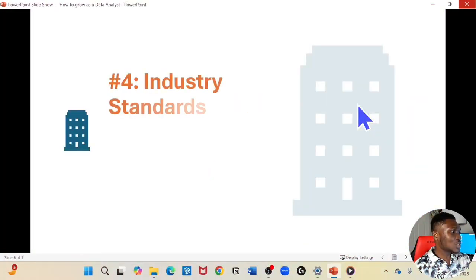Right now the next one is industry standard. And what do I mean by industry standard? You will probably be applying your data analytic tools and techniques in different industries, be it finance, healthcare, name it. So one of the things you want to find out is not just the data analytics standard for doing things, but what your industry standard is.